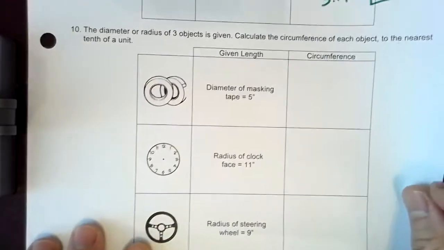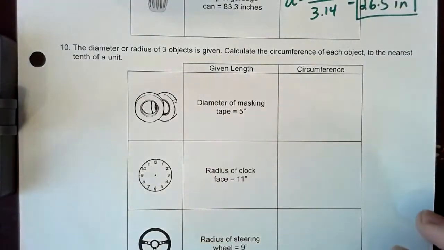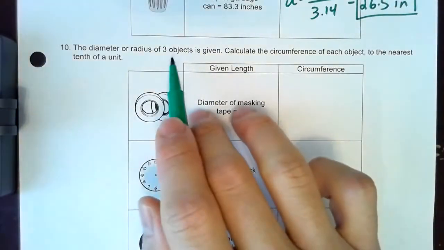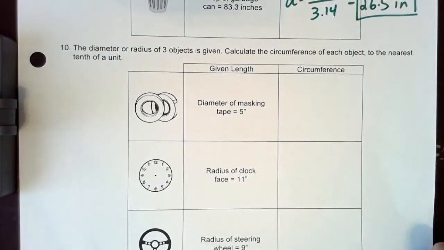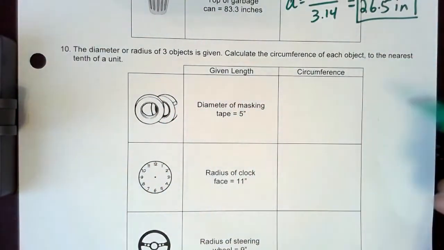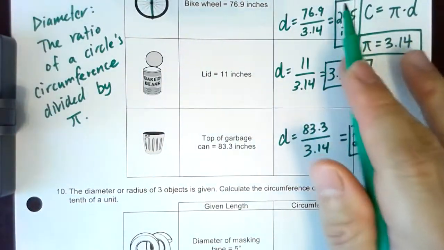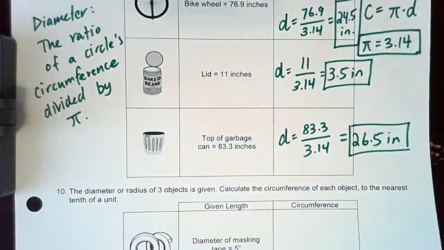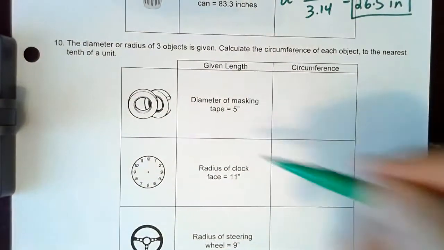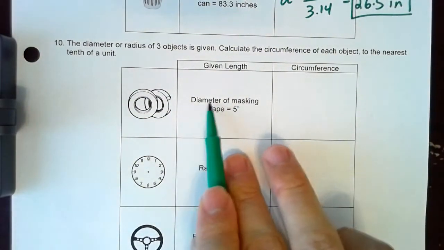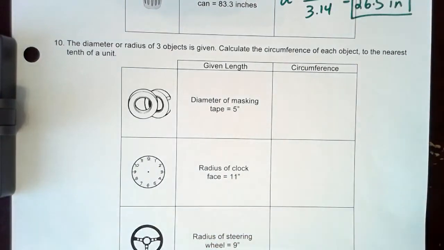Okay, so it says for number 10, the diameter or radius of three objects is given. Calculate the circumference. Okay, so in this top example, we were given the circumference and they wanted us to calculate the diameter. In these bottom three questions, they give us either a diameter or a radius, and they want us to calculate the circumference.